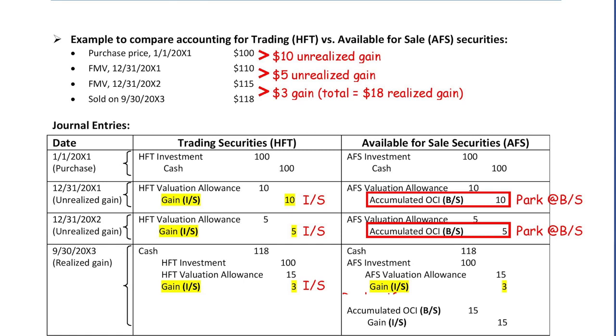How about the $15 of unrealized gains on that available for sale debt security which is now sold, which is parked in the balance sheet? We're going to reclassify it. So we're going to debit accumulated OCI, and the credit would be the gain of $15 which goes into the income statement. So draw a bracket around the $3 and the $15 and write I/S.